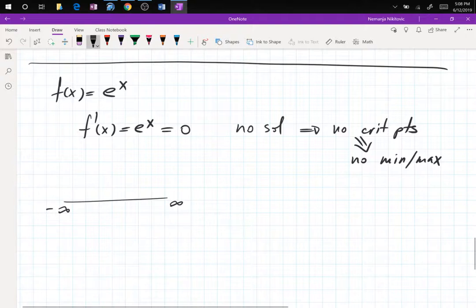Do we have any critical numbers? No. Do we have any vertical asymptotes?